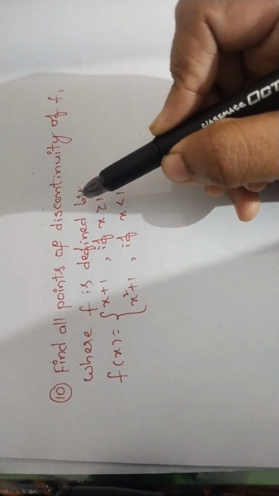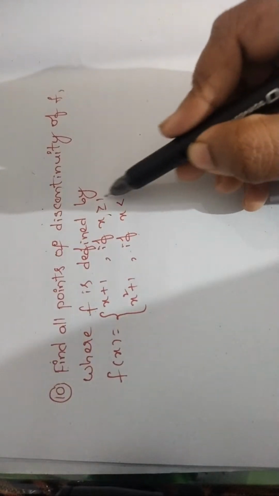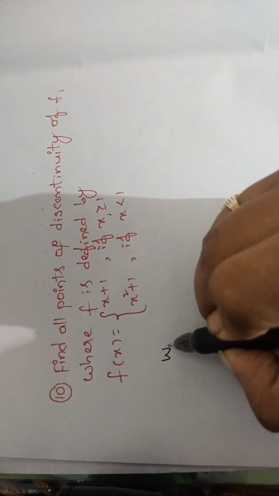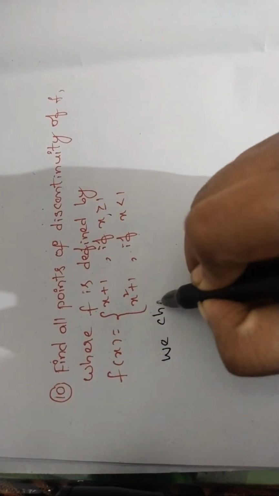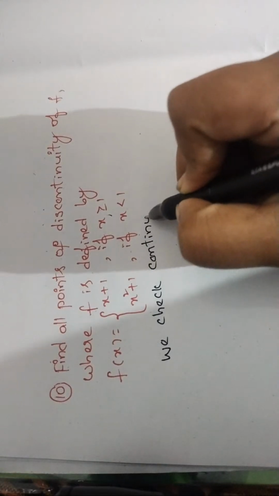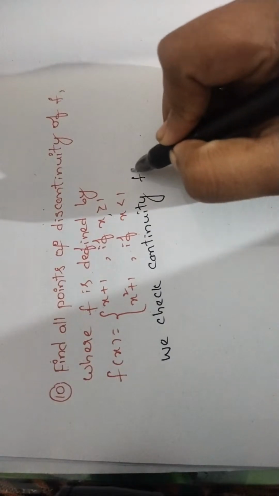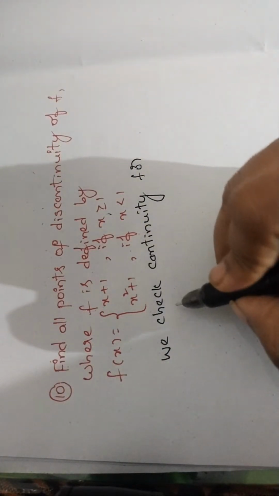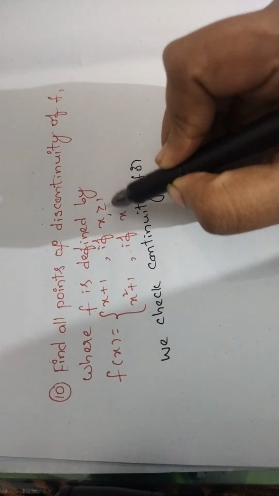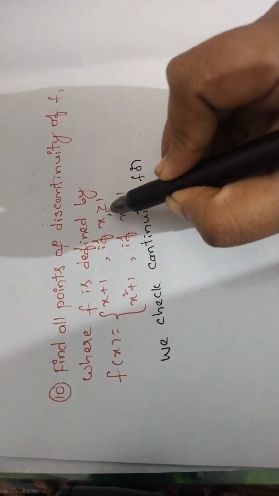Before going to discontinuity, first we check the continuity for different values of x. They gave x greater than or equal to 1 and x less than 1, so here we have cases.